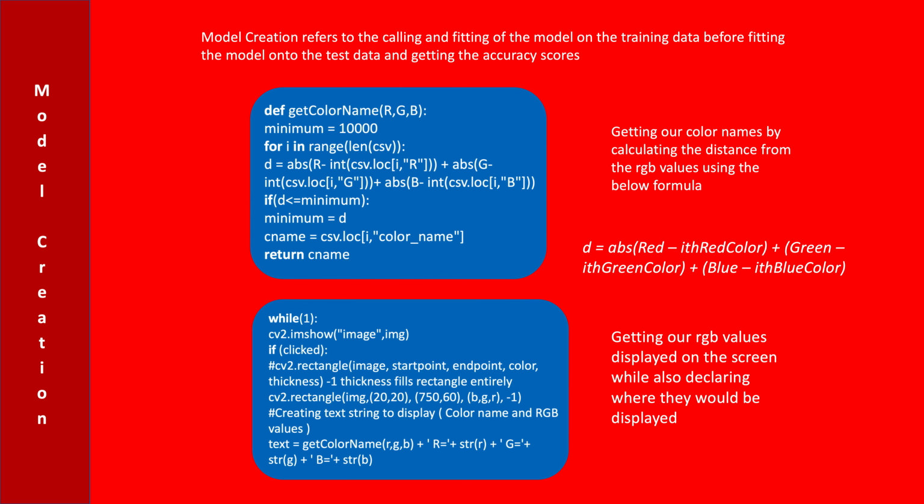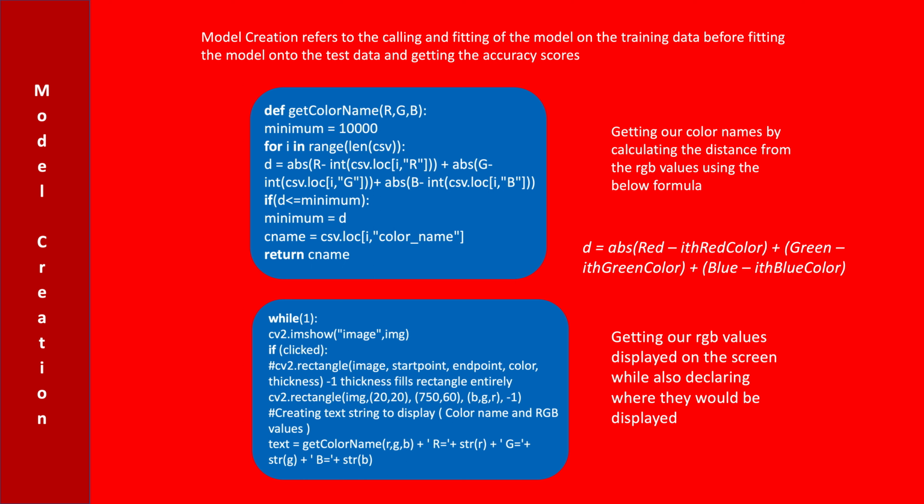After which of course we will define our get color name function. The draw function will get the RGB values, but it won't be able to get the color names. To get the color names, we need to calculate the distance from the maximum RGB values. So for that we will need this get color name function, which will take RGB as an input and return the color name.